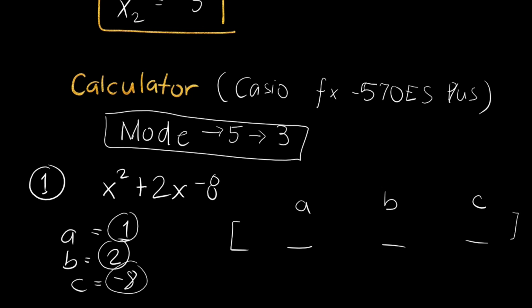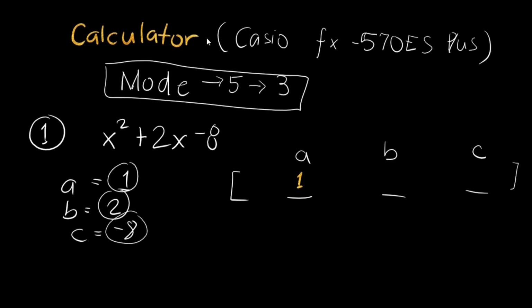So, ang gagawin mo, press mo si 1. Tapos, pagkatapos mong mag-press ng 1, mag-press ka ng equal. Tapos, B. Pupunta na siya kay B. Press mo si 2, tas equal ulit. Negative 8, press mo si negative 8, tapos equal ulit. Pagkatapos mong ma-input yung values, mag-press ka lang ulit ng equal.